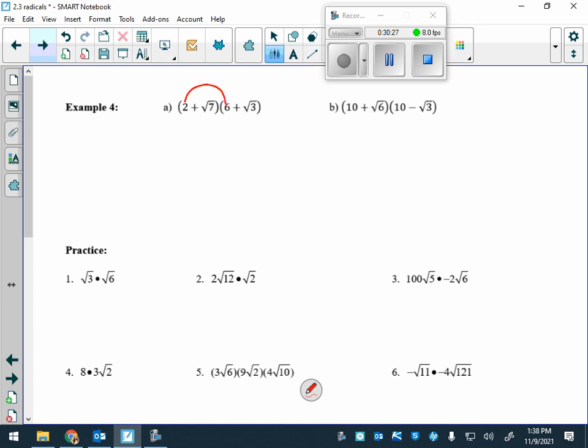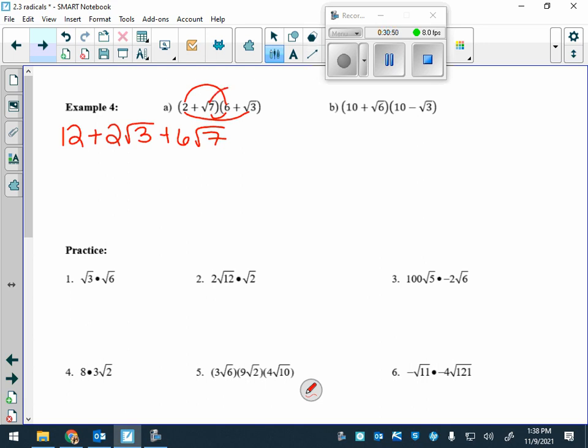For those of you who are not sure, you're still distributing. So FOIL is your first terms, 2 times 6, which is 12. Your outer, 2 times root 3 is just 2 root 3, not root 6 because there's no radical around 2. Your inner is 6 times root 7.